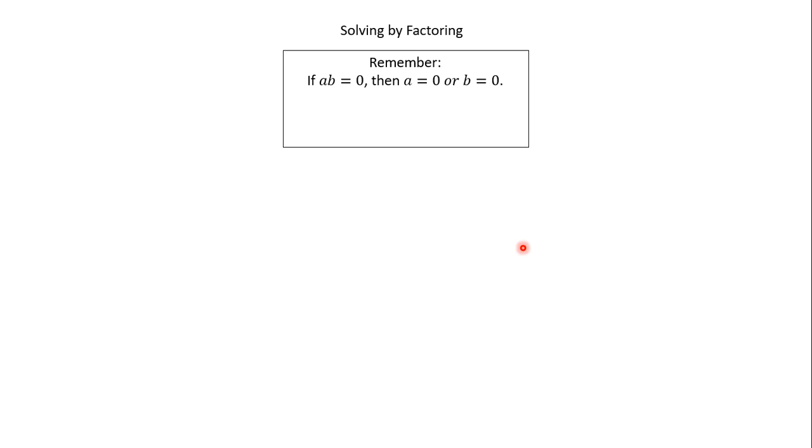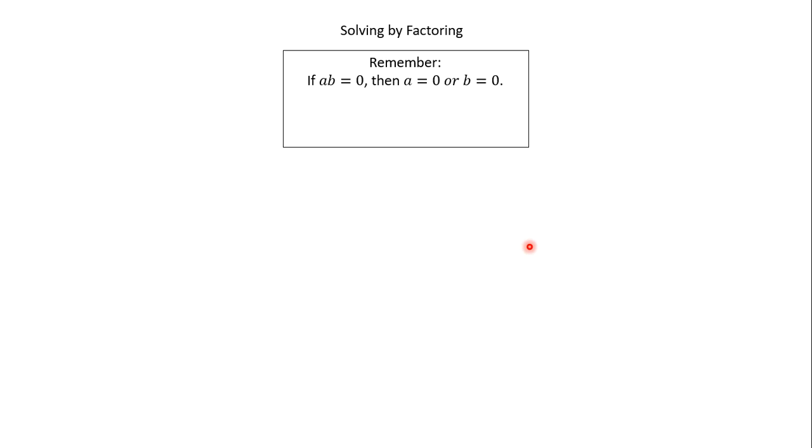So to solve by factoring, using what we already know, remember from chapter 5 with quadratics, if a times b equals 0, then a equals 0 or b equals 0. The marvelous thing about this is that it extends beautifully.